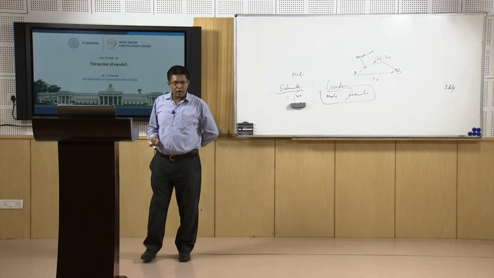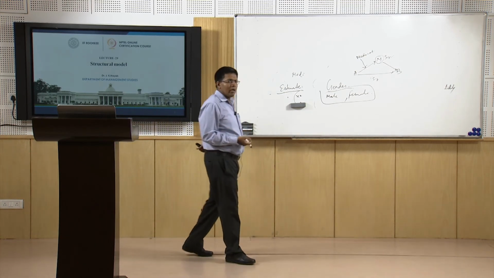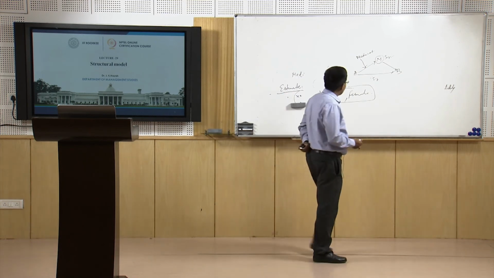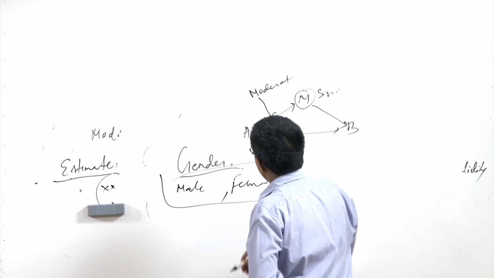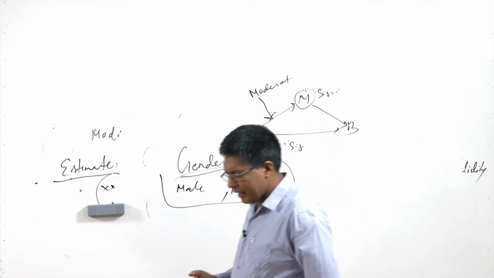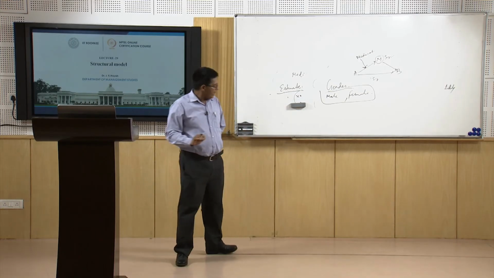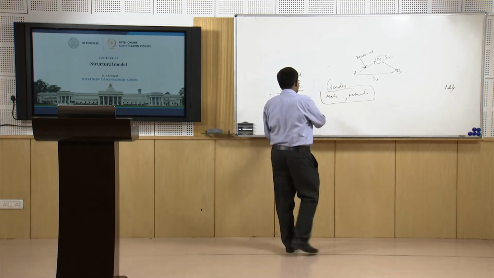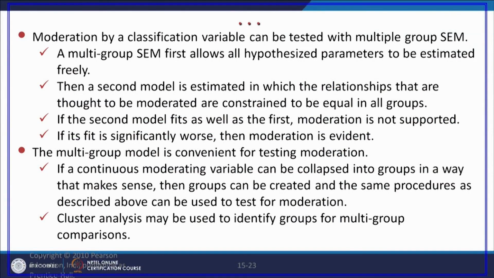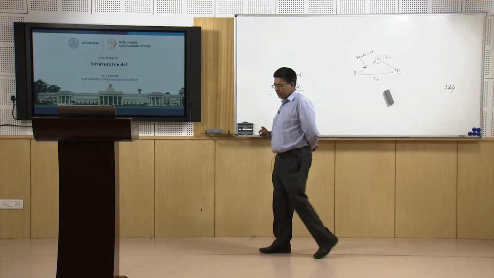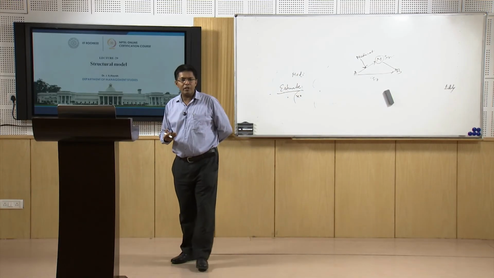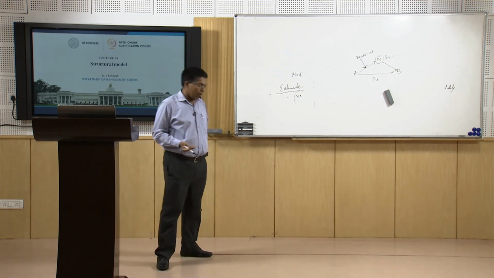There is a mediator also, so there is a mediating and moderating effect, both are there, right. The moderator is affecting the relationship. So, how do you check for moderation? It is very simple, there is nothing very complicated. In case you have continuous variables also, you can use a moderator, because generally there is a confusion among researchers whether a moderator should be a categorical variable or not, right.